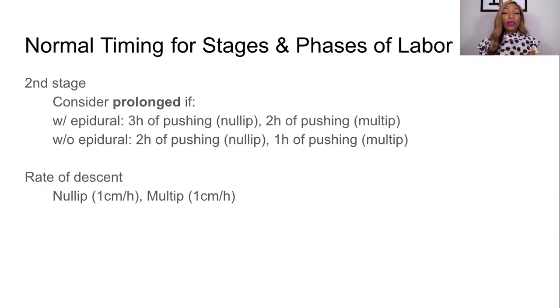So with an epidural, 3 hours of pushing with a nullip is considered normal. It is prolonged if it is longer than 3 hours with a first-time mom, longer than 2 hours with a woman who's had a baby in the past. And this has to be really good effort, really engaged effort.